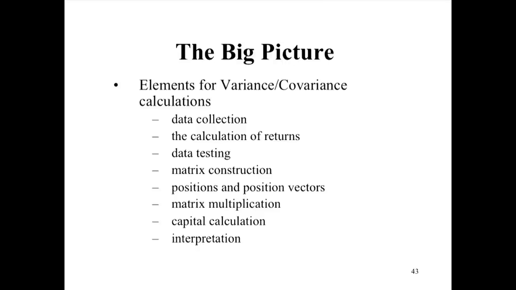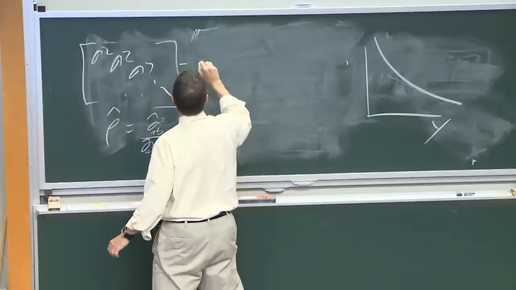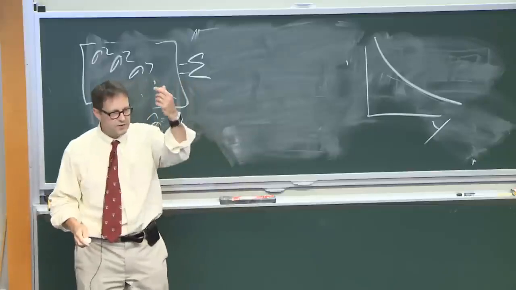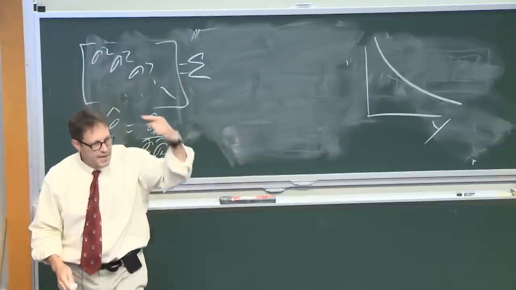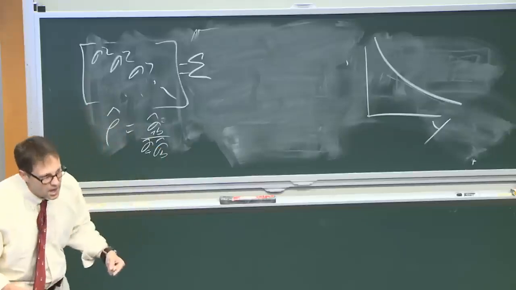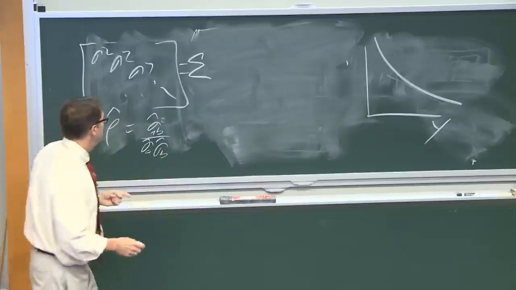Here, I'll draw it here because I really want to get into some of the other stuff. What this means, if I have a covariance structure, sigma, and I have a vector of positions, X dollars in dollar yen, Y dollars in gold, Z dollars in oil, all right?